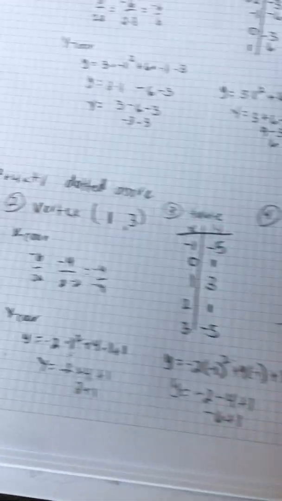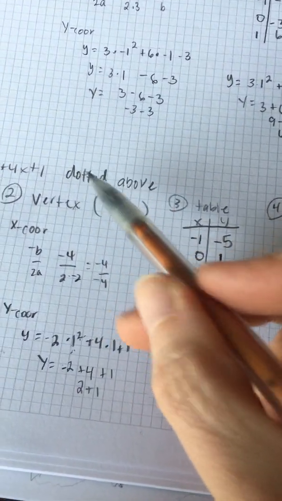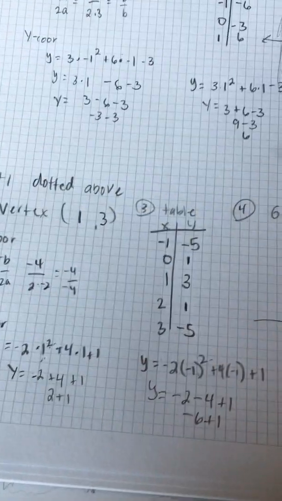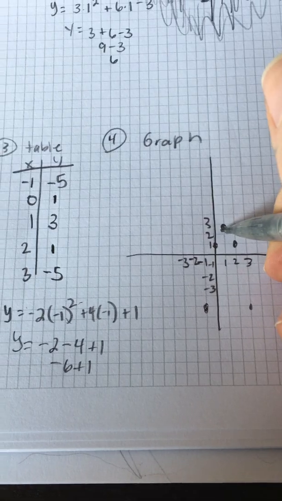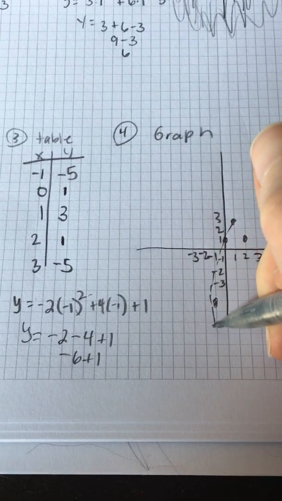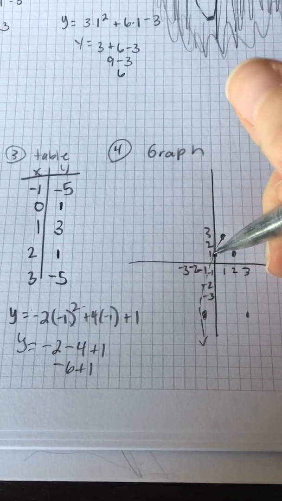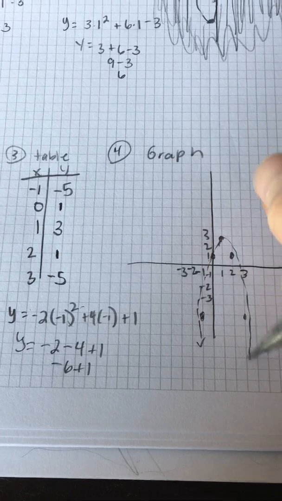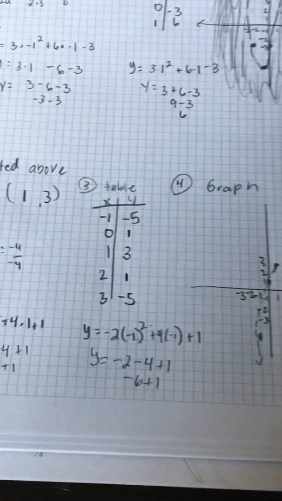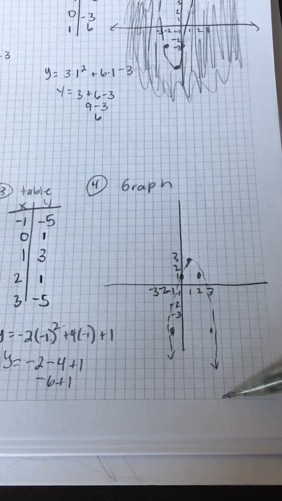And then I connect. Before I connect, I think back to the beginning piece of where we said we need to use dotted. When I connect, dotted is our dashed, curving to make it look like a frown face because this is opening down.